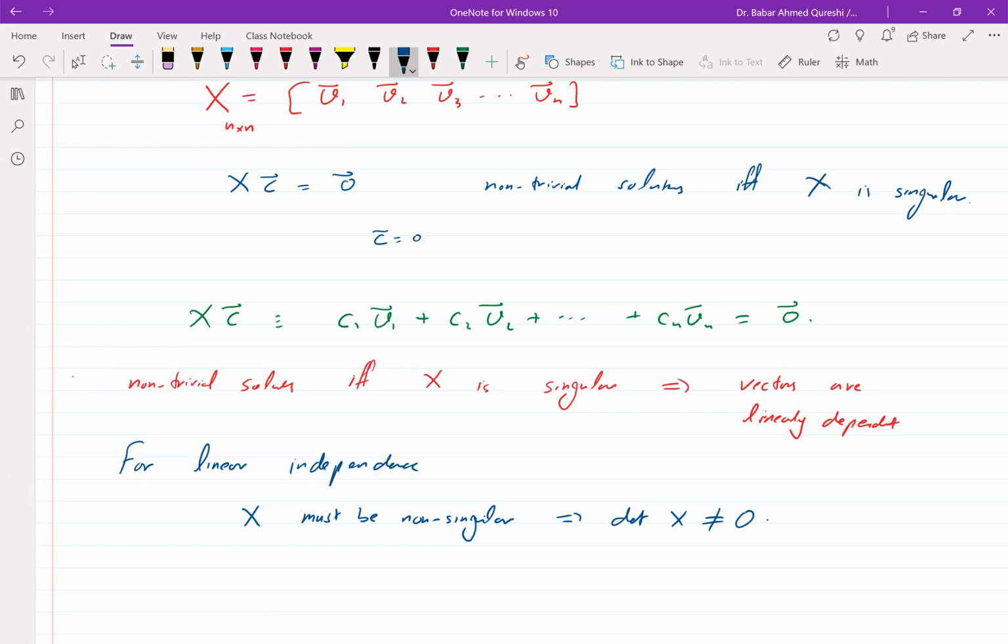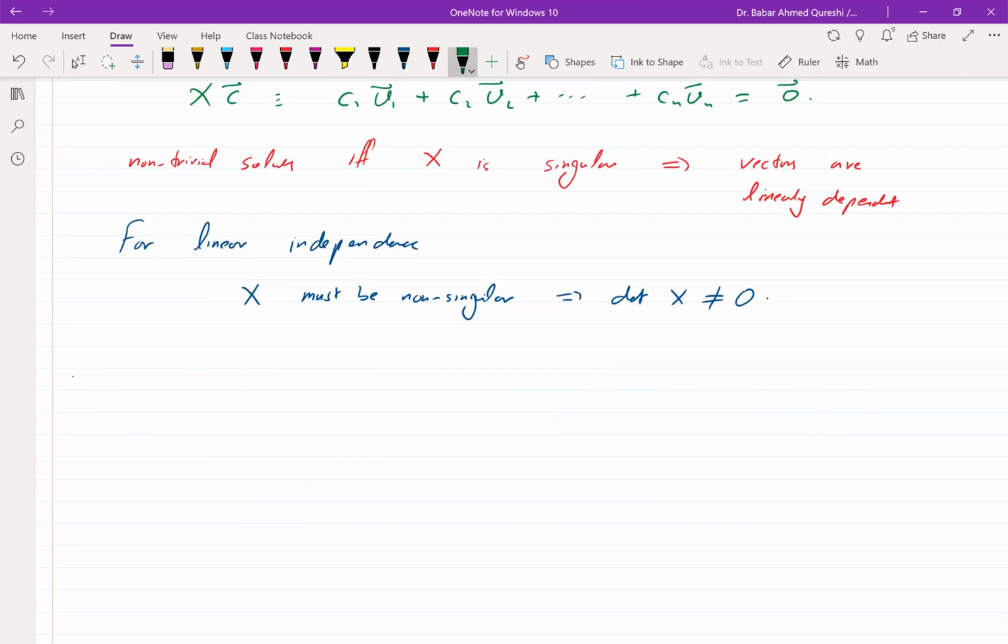So for example, if you want to check if these three vectors in R3, since I'm in R3 and I'm given three vectors, are linearly independent, all I have to do is compute the determinant of this.